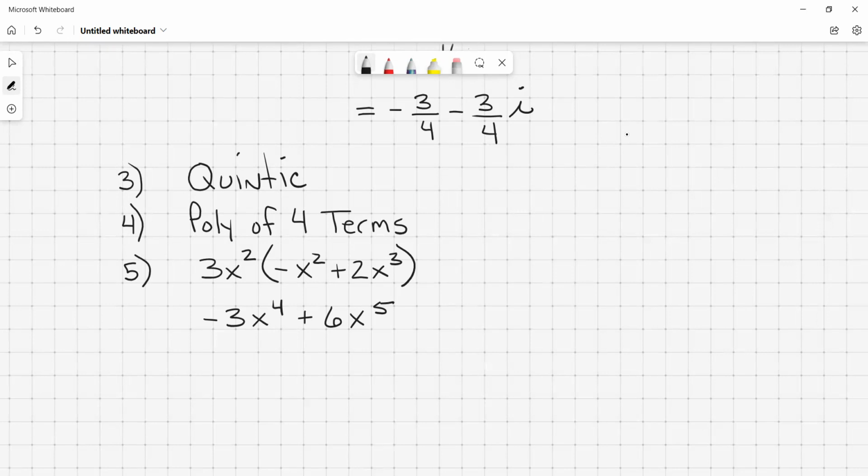But since you're writing it in standard form, you need to reorder it. The highest power has to go first, so this becomes 6x to the fifth minus 3x to the fourth. Correct. When you multiply exponents, you add them.